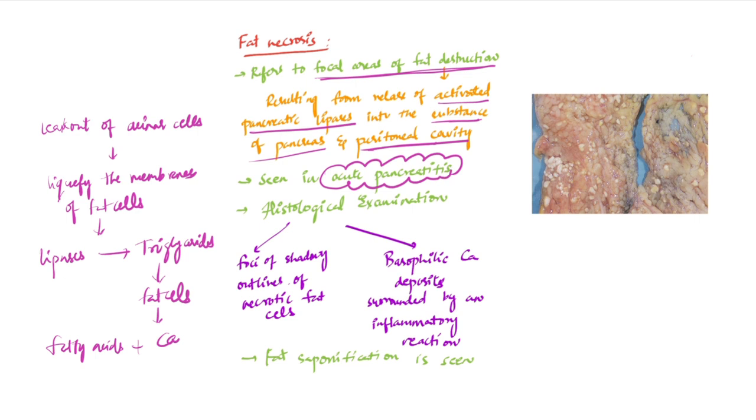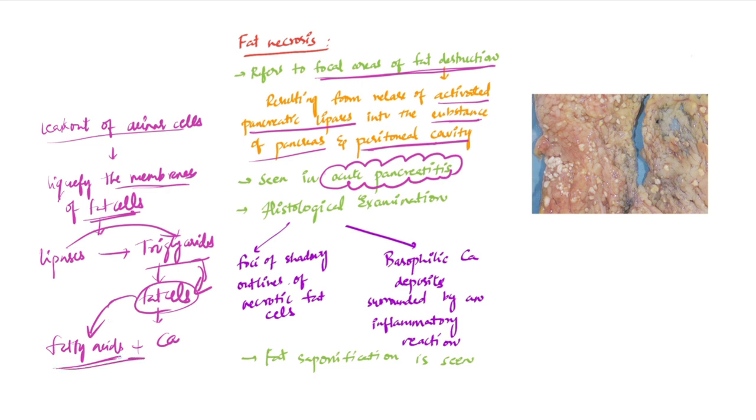So what happens in acute pancreatitis? First there will be leakage of acinar cells and liquefaction of the membranes of fat cells. The lipases act on the triglycerides in the fat cells, so fatty acids are derived from the fat cells.